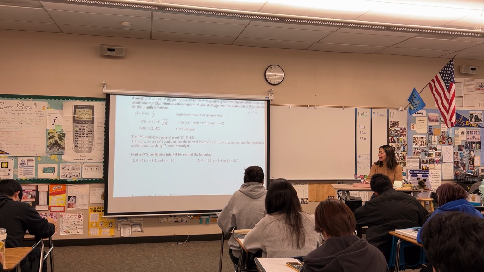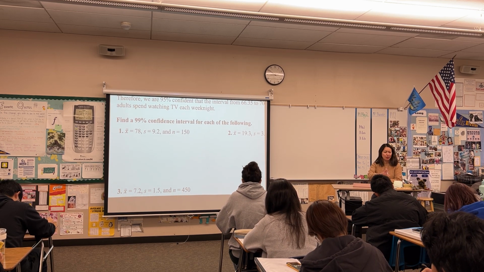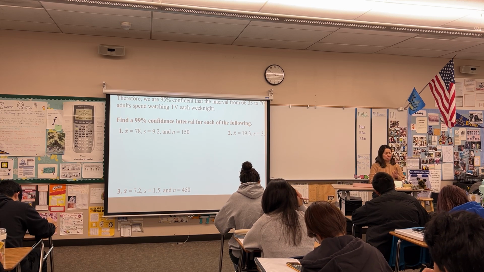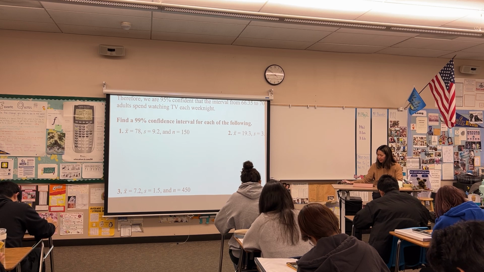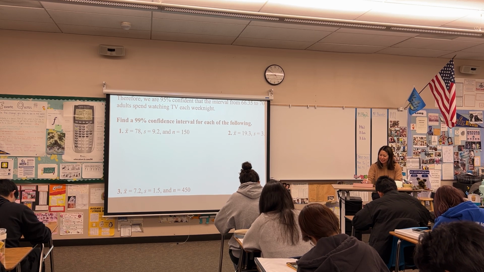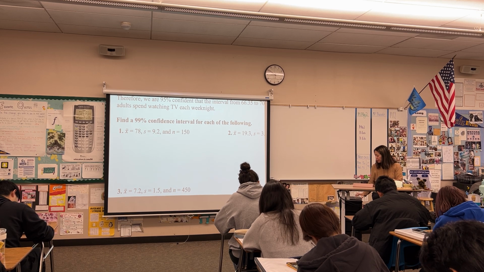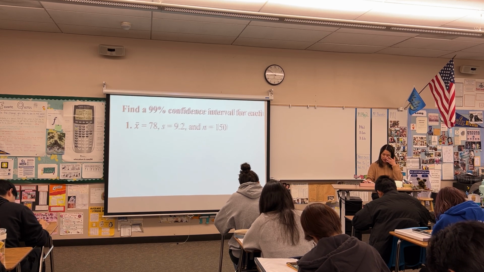Let's go ahead and try it. Here we go. Number one, without any context, let's just do the calculations, make sure we're good here. So number one, how do we set this up? I want to find a 99% confidence interval. Tell me what that formula is going to look like. Jesse, give it a try.